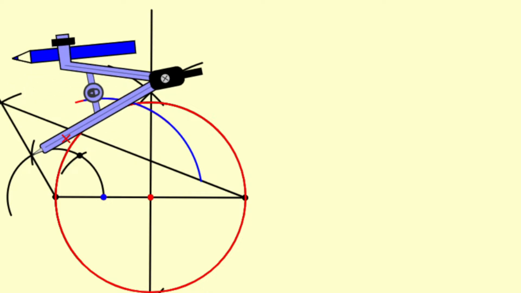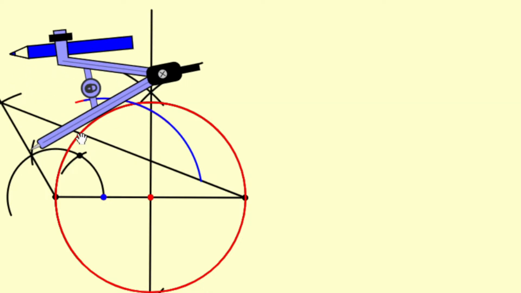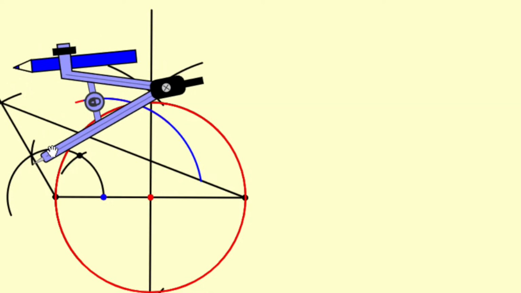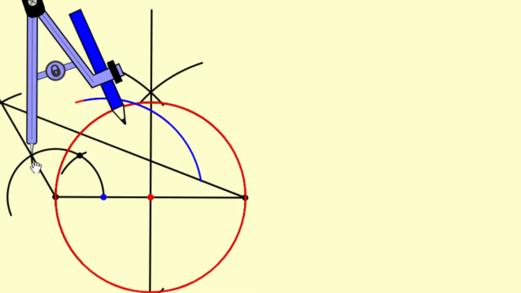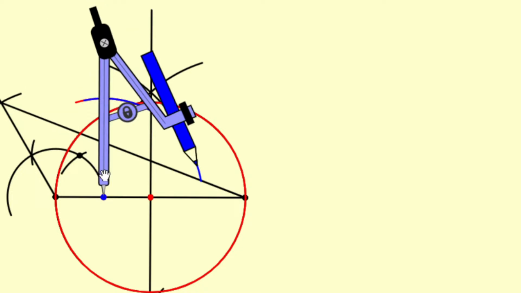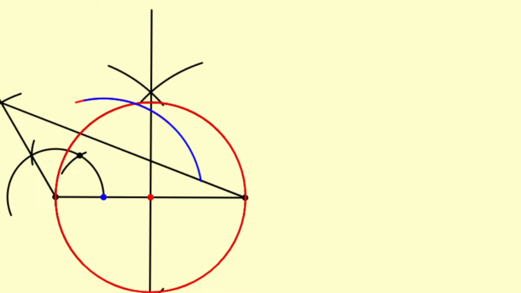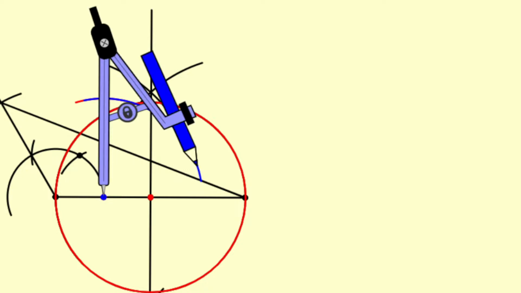On the end points of the angle, you have to keep your compass. The compass should be kept at the end points of the angle. Now you have to draw arcs.